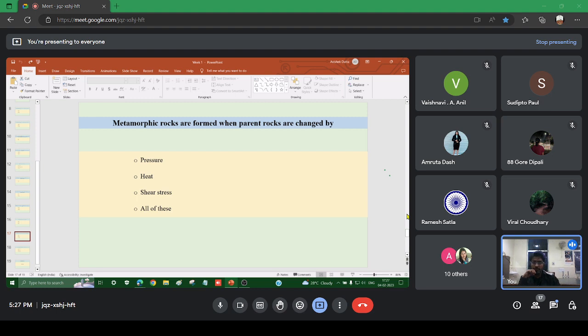Metamorphic rocks are formed when parent rocks are changed by. I repeat the options: pressure, heat, shear stress, or all of this.